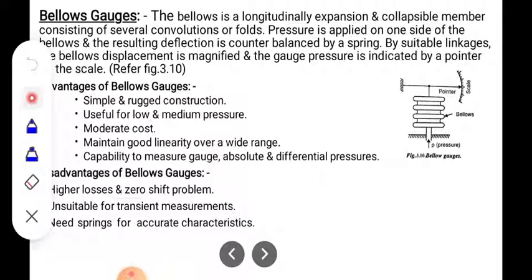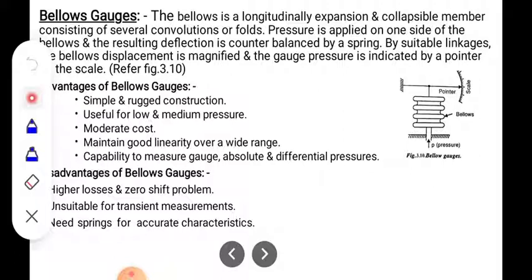Because of that high or unknown pressure air, the bellows will become deflected, or expand, and that expansion is connected to the linkage, and because of that it shows some reading or displacement on the circular scale.